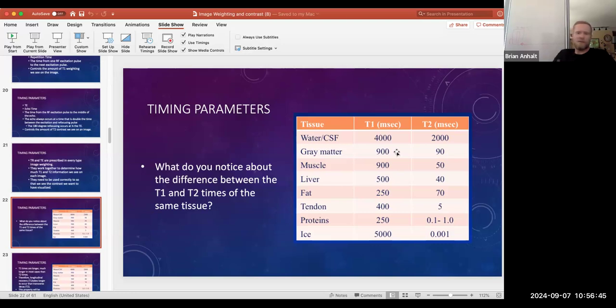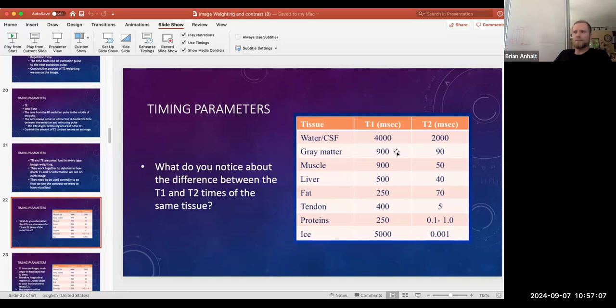What do you notice about the T1 and T2 times of any given tissue? T2 is much faster. Exactly. T2 decay happens much quicker. Dephasing based on spin-spin interaction is going to happen much quicker than the recovery of the longitudinal magnetization.